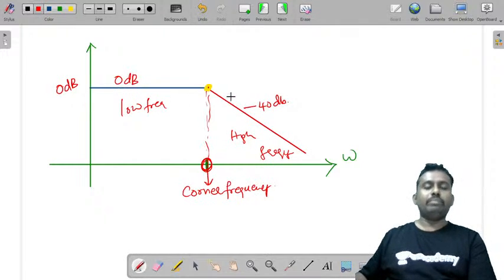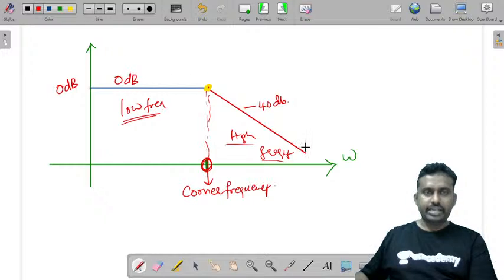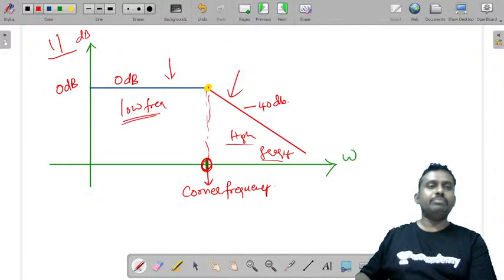These are the straight line approximations of the magnitude in dB of f of j omega.